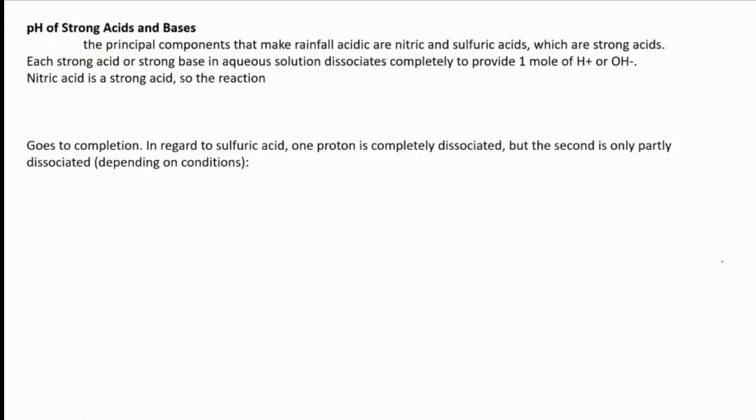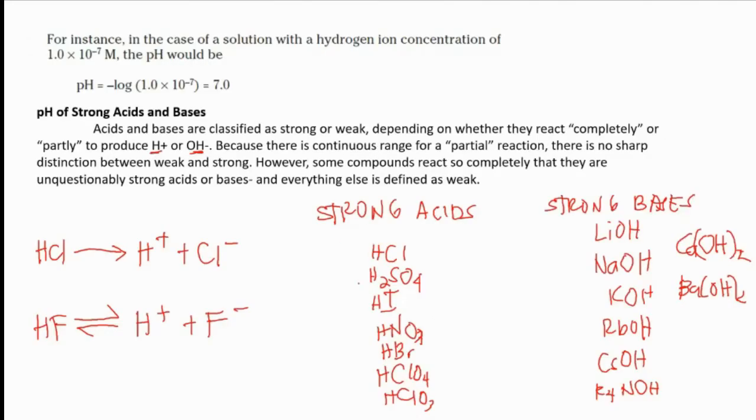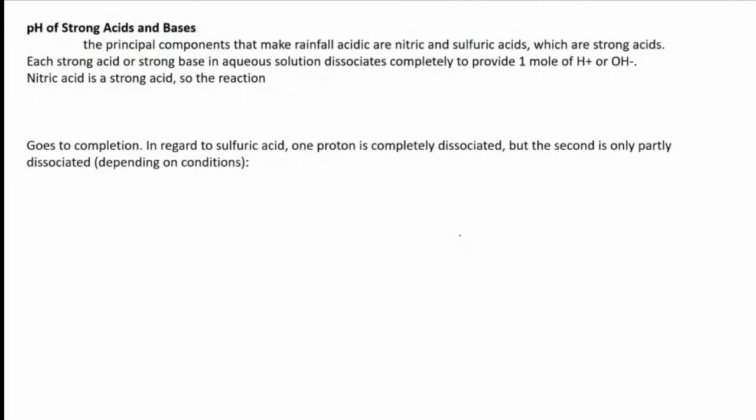So these are their equilibrium reactions. For example, the principal components that make rainfall acidic are nitric and sulfuric acids. So they are strong acids. Each strong acid or strong base in aqueous solution dissociates completely to provide 1 mole of H plus or OH minus.